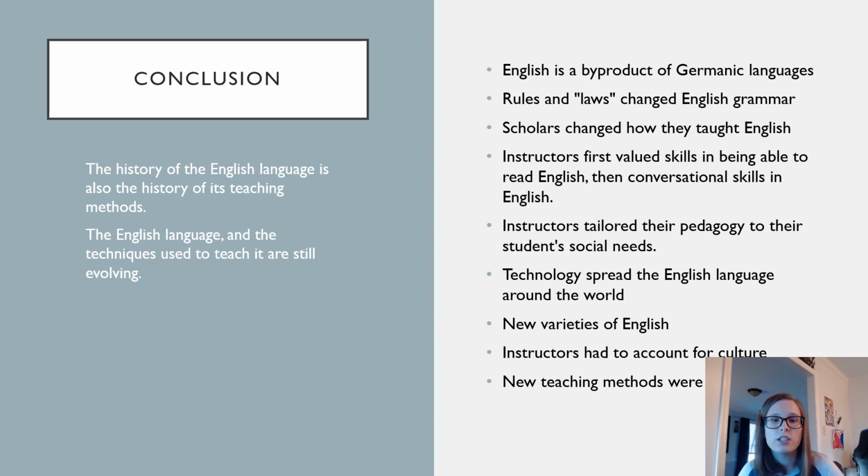During the technology age, English spread further around the globe, which created more and more varieties of the language. Just as technology affected the spread of English, these different dialects and accents affected students' abilities to learn English. As instructors began using new methods of teaching and adapting, the English language also found new ways to adapt to this modern era and is still evolving today.